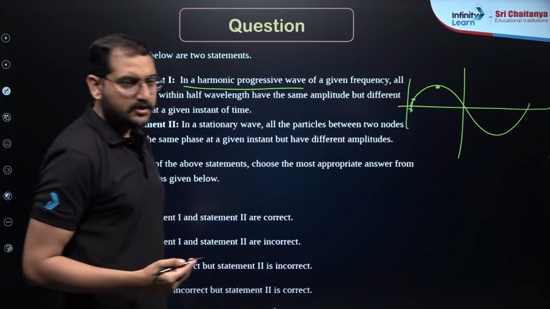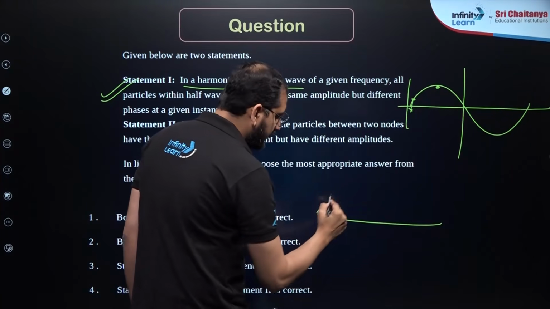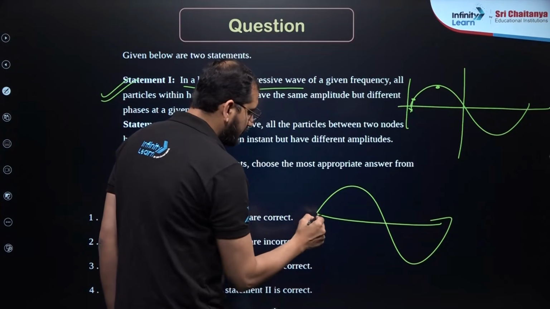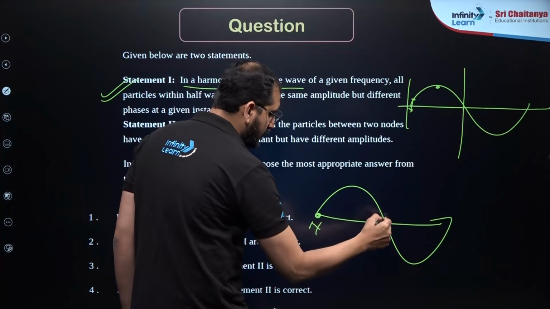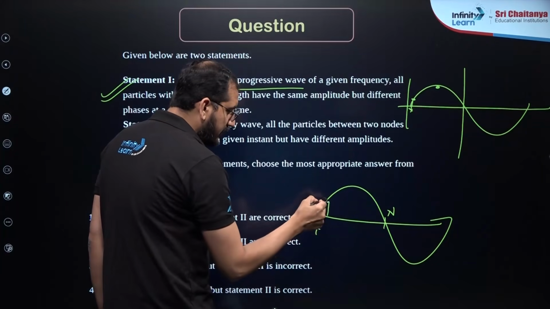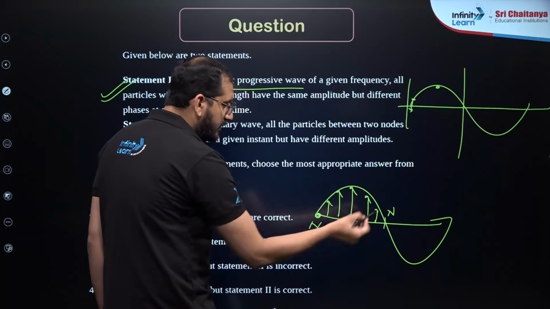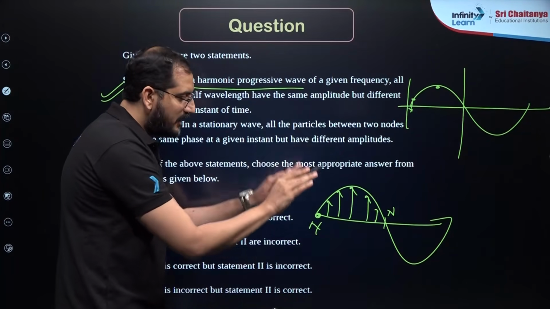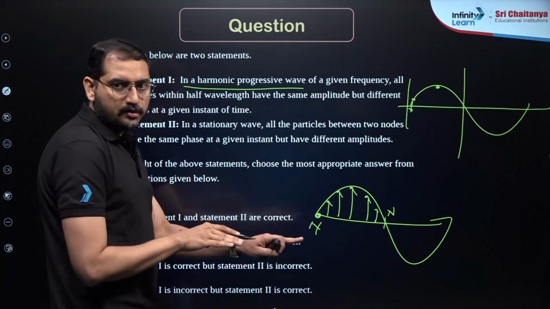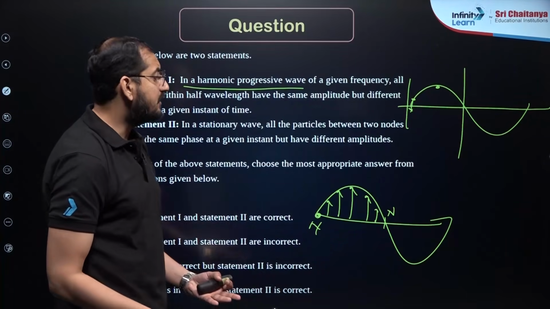What about statement number 2? What is happening in the stationary wave? In the stationary wave, if this is a node and this is also a node, then between these two nodes, all these particles are going simultaneously to their extreme, then coming horizontally and then again going down. All of it is happening simultaneously.